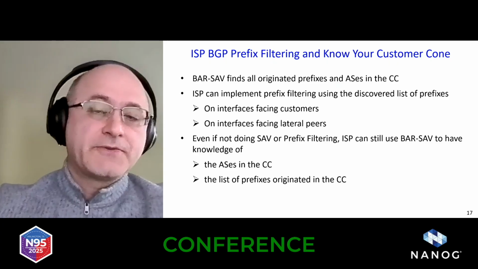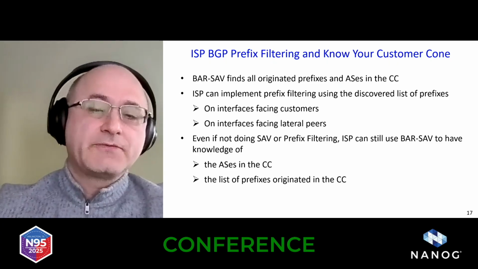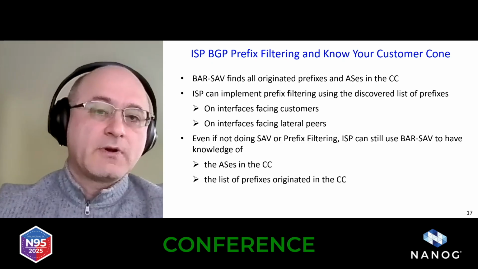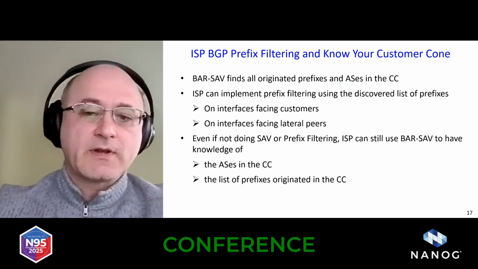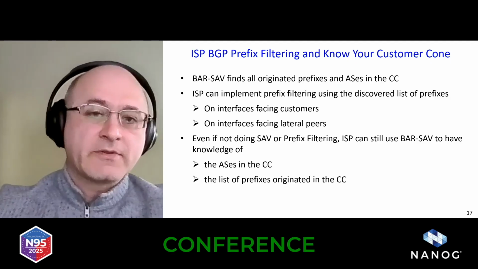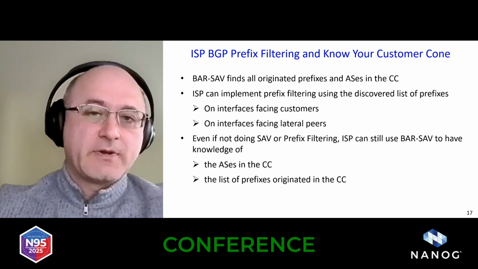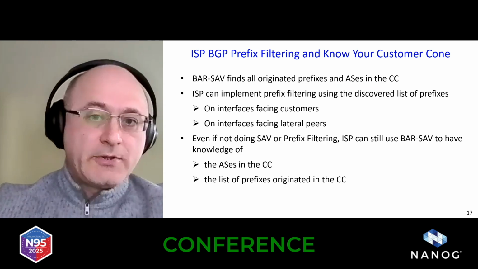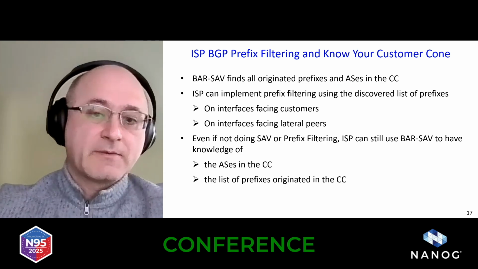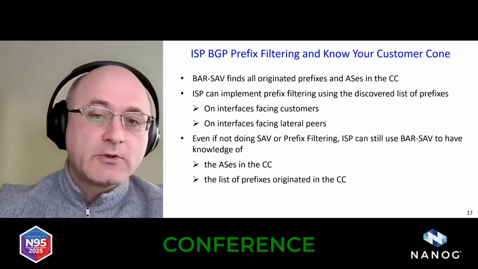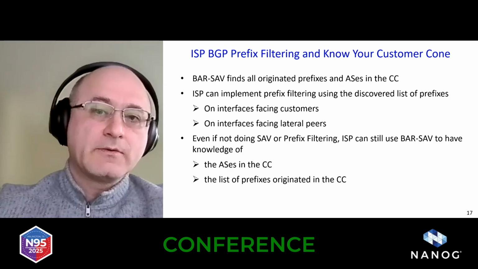But it's basically a set of techniques that let a network figure out its customers, its peers' customers, and prefixes originated by them. It can still be useful as a technique, as an information source, even if you are not planning immediately to use it for blocking spoofed traffic.